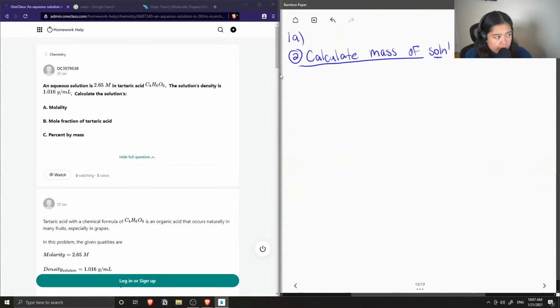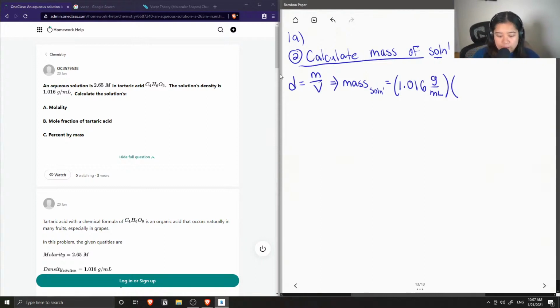So we know that density is equal to mass over volume. So we can rearrange this equation to find the mass of our solution, and we do that by multiplying density times volume. So the density is given in the question. So it's 1.016 grams per milliliter.